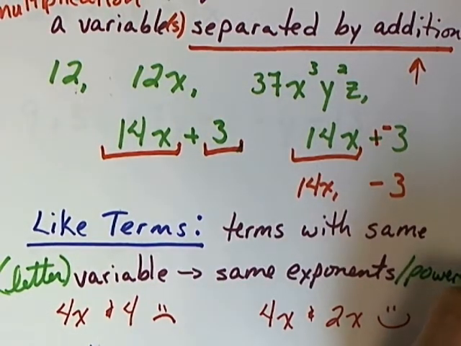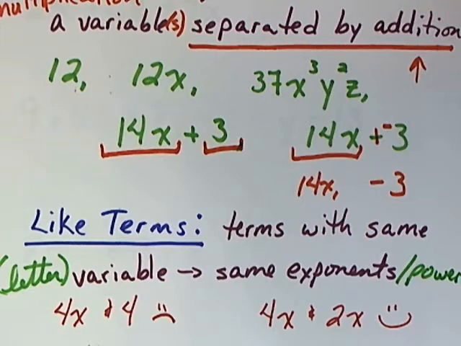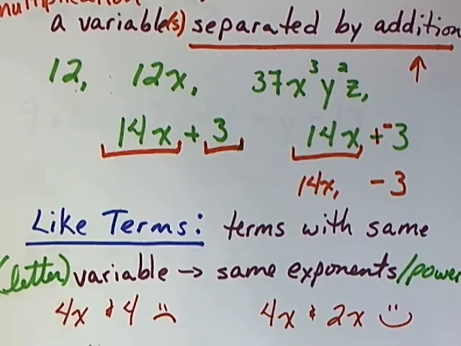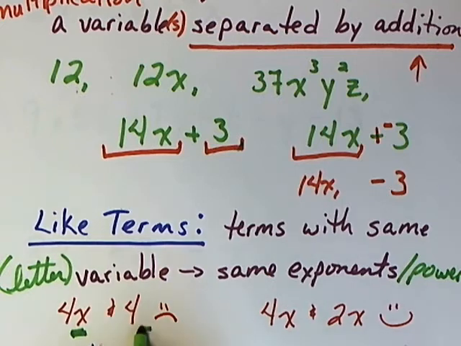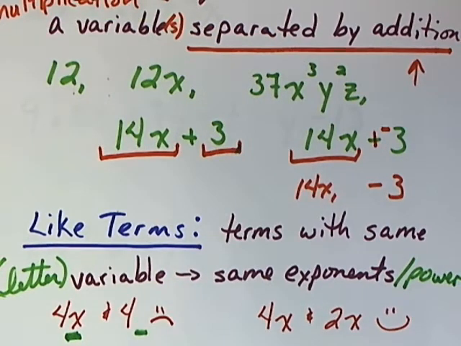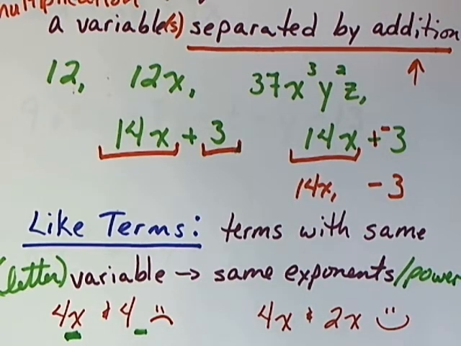Power and exponent mean the same thing. So 4x and a 4, even though they both have 4s, are not like terms because this one has an x and this one does not. They have to have the same variable. 4x and 2x are like terms because they both have an x.